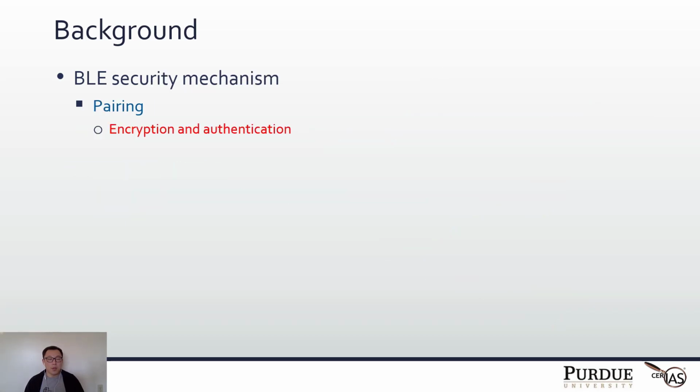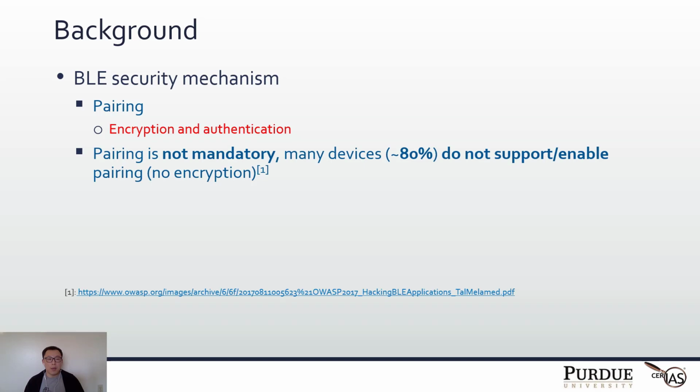BLE has security mechanisms such as pairing, after which encryption and authentication could be enabled to prevent such attacks. However, in BLE, pairing is not mandatory, and actually most BLE devices do not even support or enable pairing. Besides, there are different spoofing-enabling vulnerabilities in different layers.